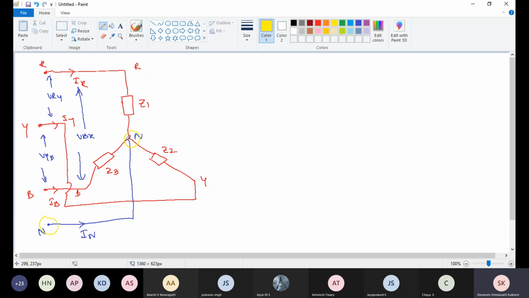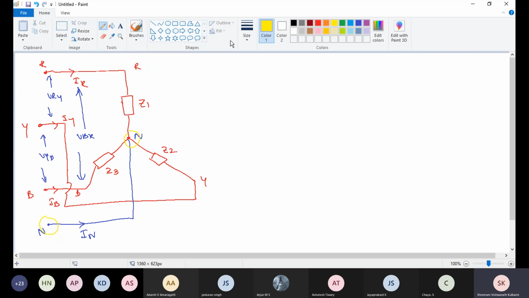If I do not connect this neutral to my supply neutral, then there is a voltage between the neutral of the connected load and my supply neutral. Now in this diagram I connected it, so the neutral voltage will be 0.